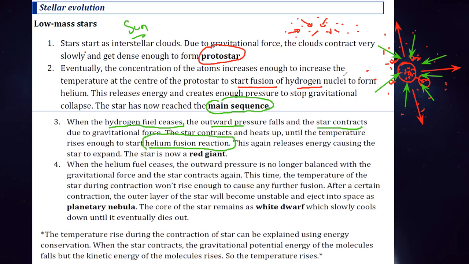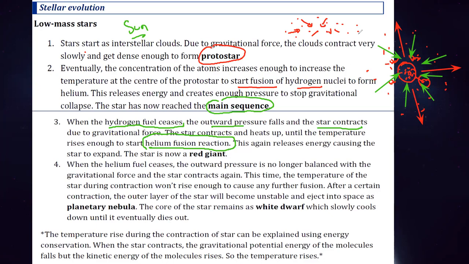First it was a protostar, then it became a main sequence star, and then when hydrogen fusion slows down, the radiation pressure decreases, so gravity is stronger and reduces the size of the core. When the size of the core decreases, the temperature increases, and that temperature is enough to undergo helium fusion.